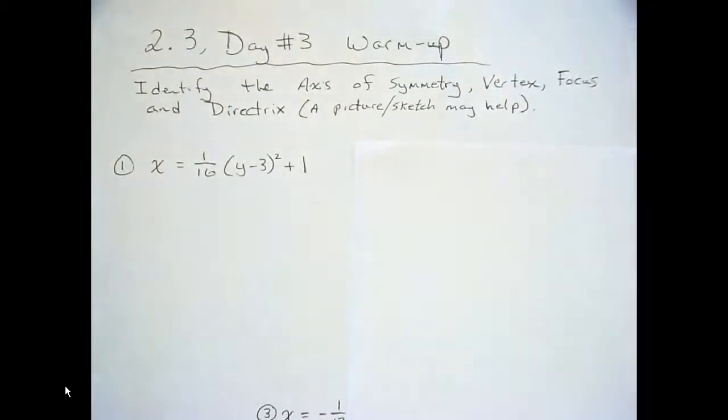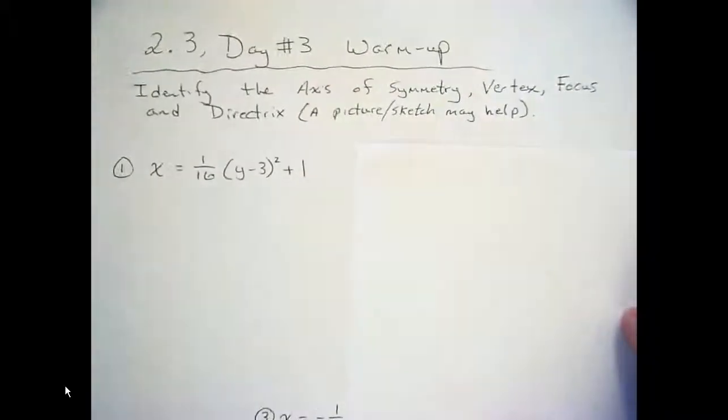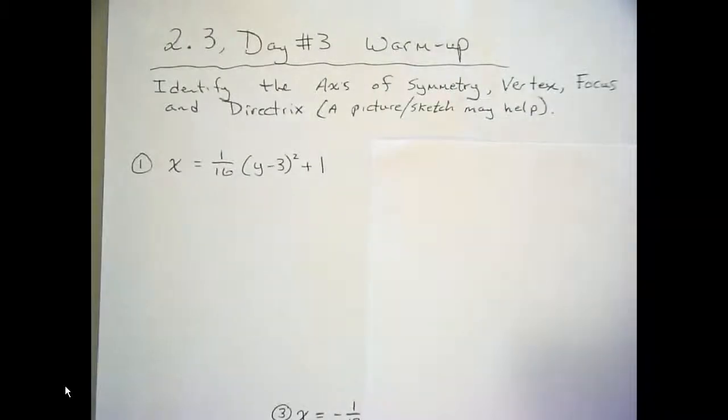All right. So it says identify the axis of symmetry, vertex, focus, and directrix. A picture may help. When I say a picture may help, I'm talking about a quick sketch.